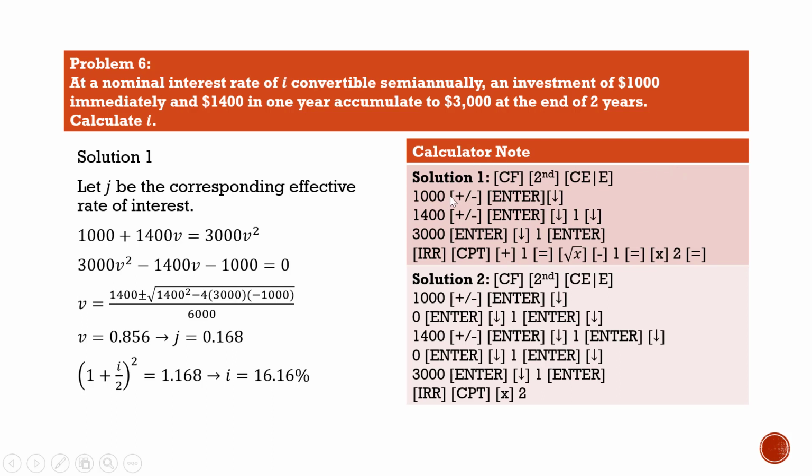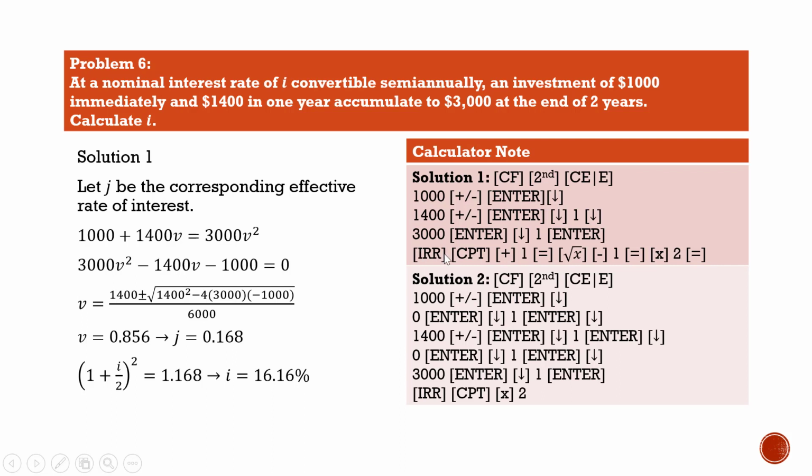So $1,000 negative is the net present value at time 0. Then 1,400 negative is the net present value at time 1 because that's what we invested. At time 2, we receive $3,000, so $3,000 positive, hit enter, and frequency 1.